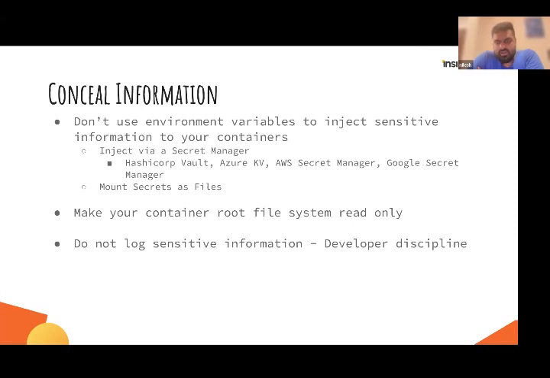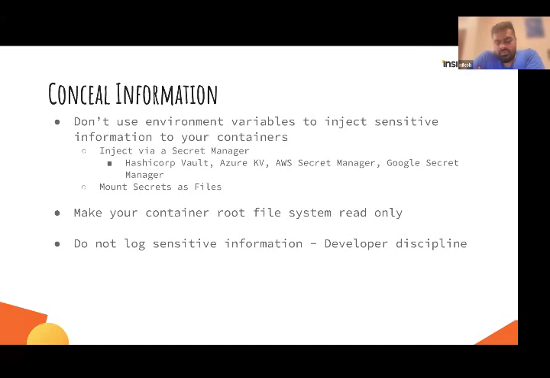So one of the things you have to do is use a secret manager, like inject your data to your containers through a secret manager like HashiCorp Vault, which is open source, or in AWS, Azure, etc. We have Azure KV, AWS Secret Manager, Google Secret Manager, etc. And mount secrets as files. Don't mount them as environment variables, mount them as files.